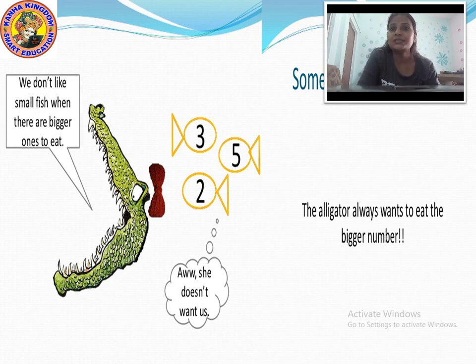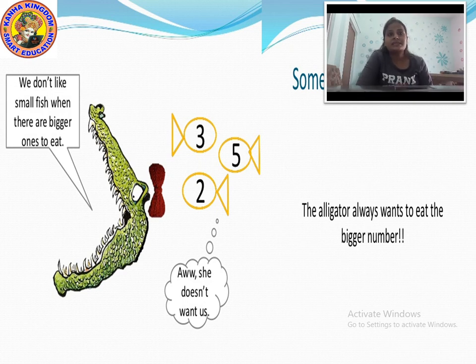The alligator always wants to eat bigger numbers or bigger things. They don't like to eat the smaller things or the smaller numbers. Now, can you tell me which sign this is?